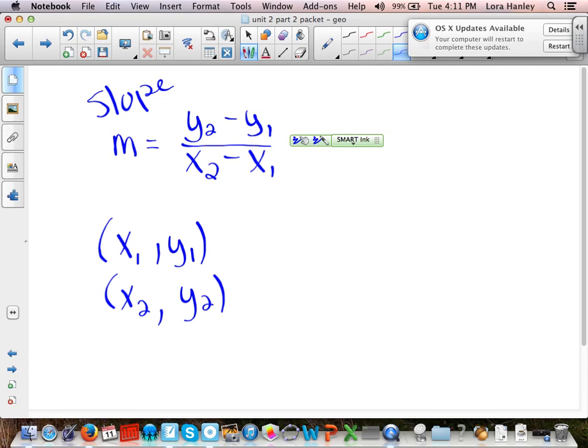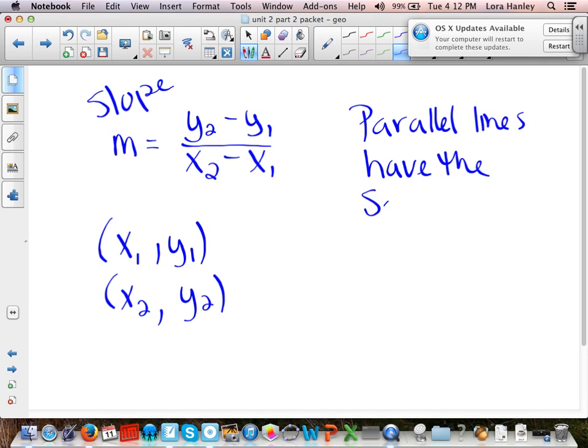Now when we deal with slopes, those help us identify parallel and perpendicular lines. Slopes we like to think of as rise over run, so they tell you the angle that your lines are increasing or decreasing at. Parallel lines have equivalent slopes, or the same slope.